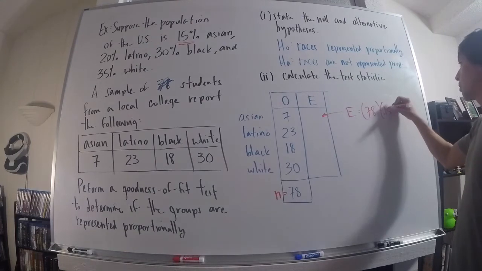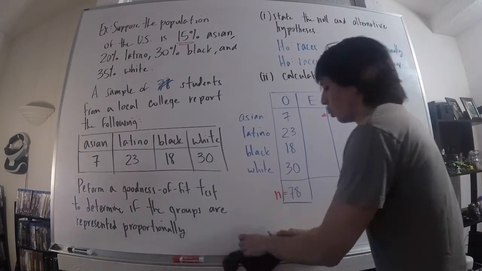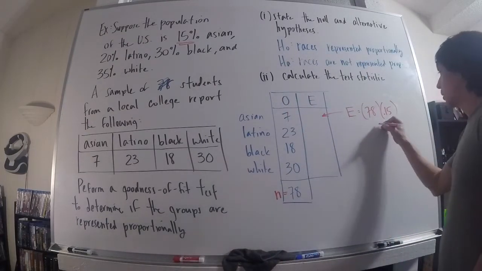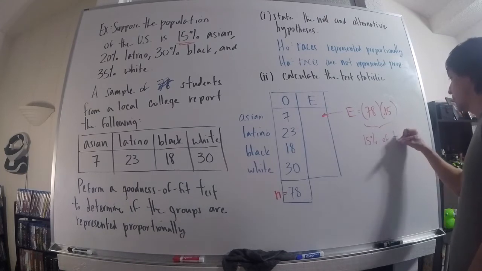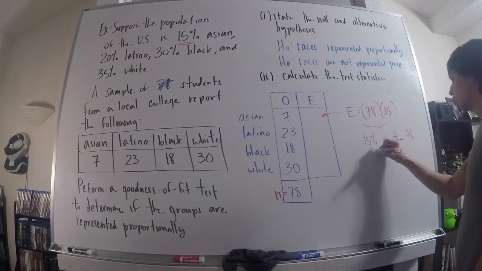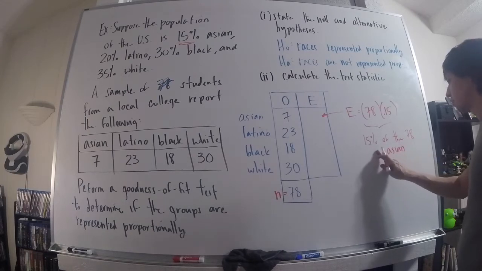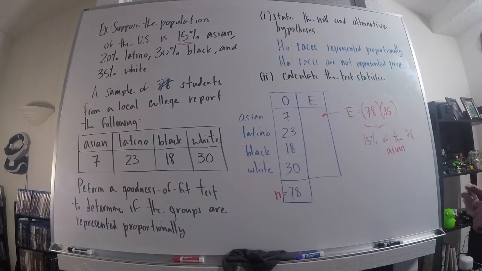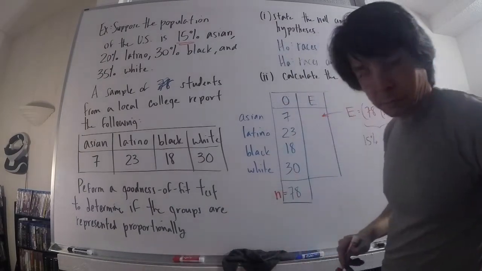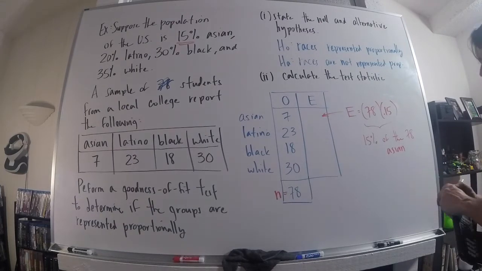So we expect 15% of the 78 to be Asian. And that's a computation. N times P, the percentage that should be in that category. 78 times 0.15. Okay, I got 11.7.